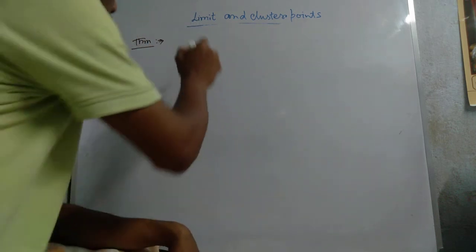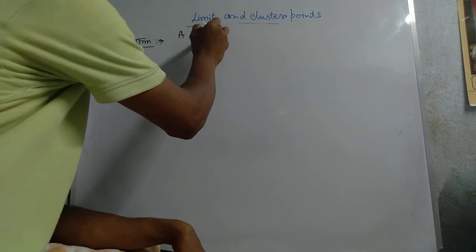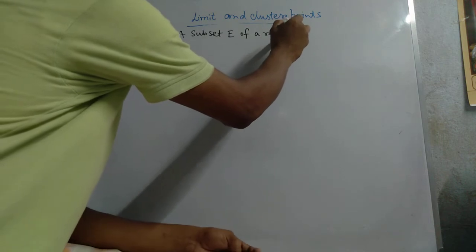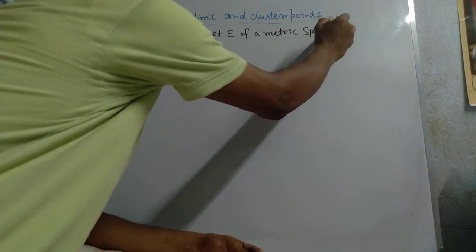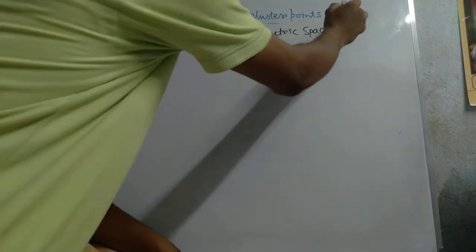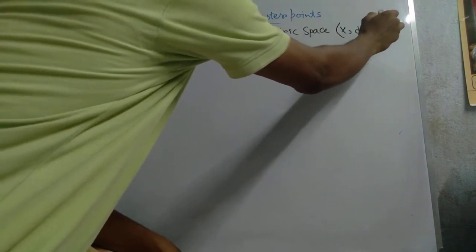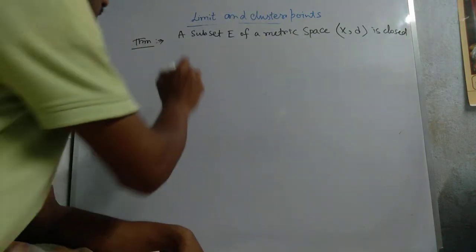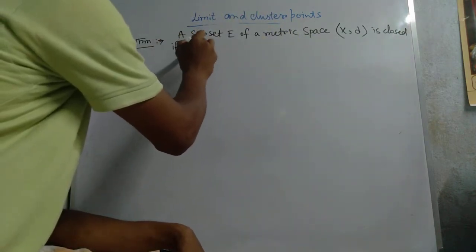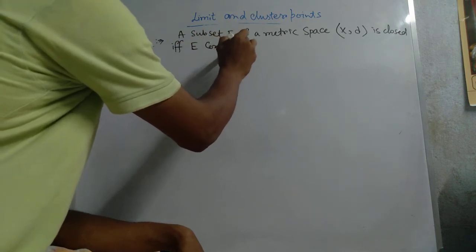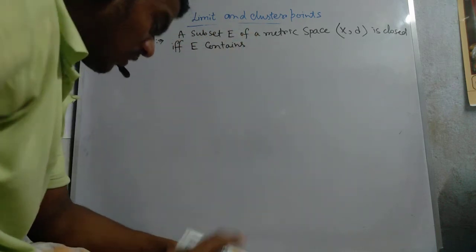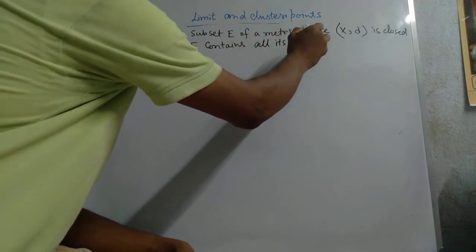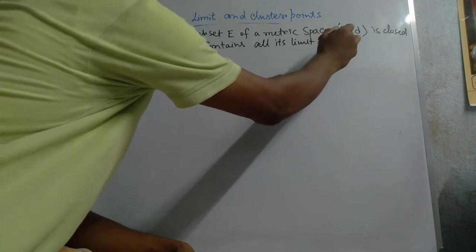A subset E of a metric space X is closed if and only if E contains all its limit points.